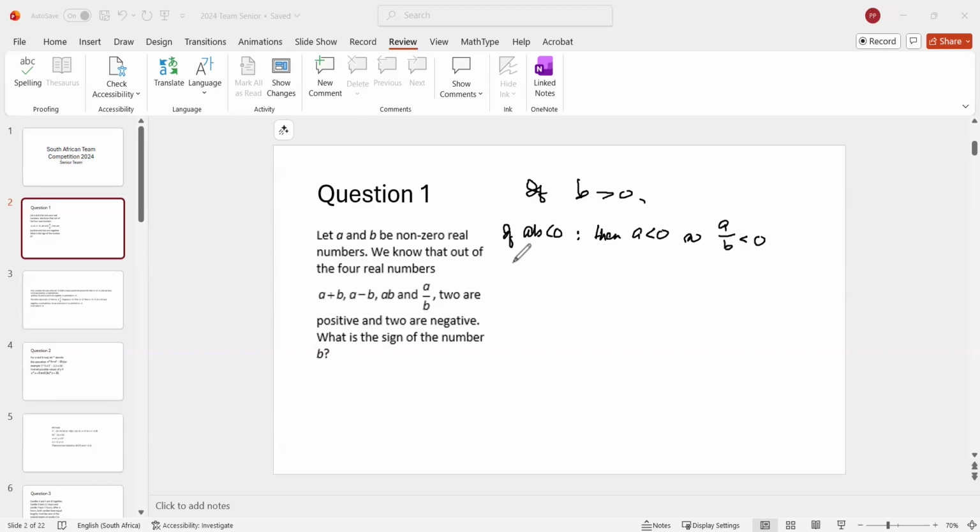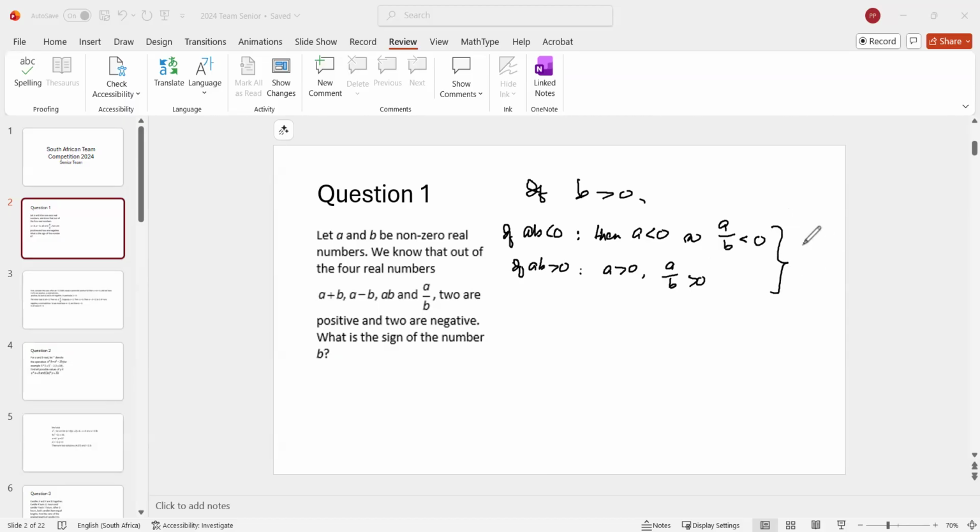Okay, the same thing happens if AB is positive, then we are given that B is positive, therefore A is positive, and therefore A over B, both of them positive. Once again, you got three positives.